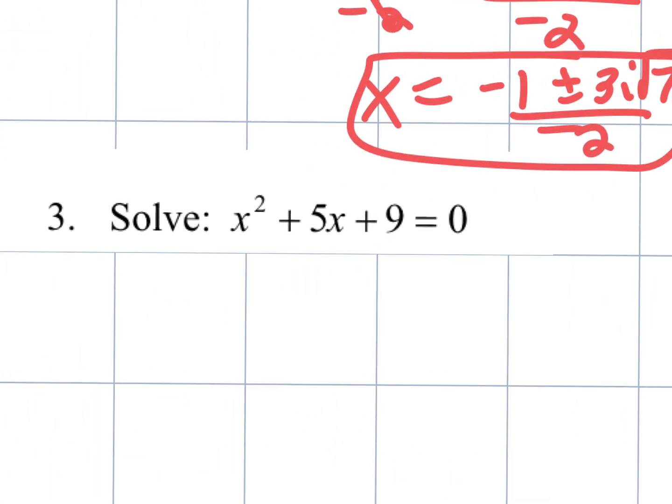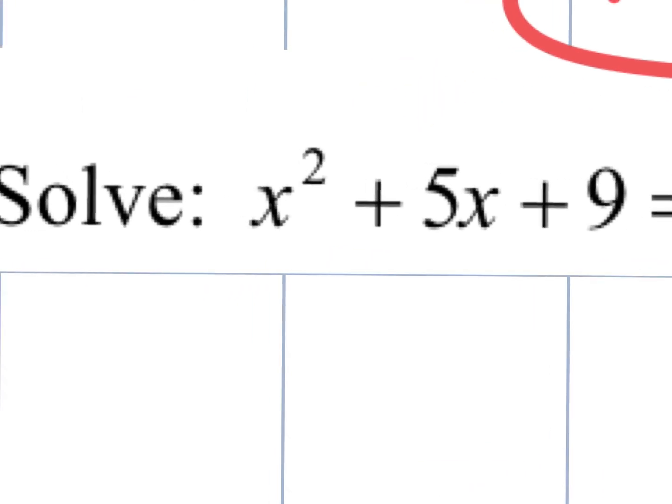All right, number 3 says to solve. So in this case, we can complete the square, or we can use the quadratic formula. This isn't going to factor. I'm going to go ahead and use the quadratic formula since my b term is not even. So I have a is equal to 1, b is equal to 5, and c is equal to 9.